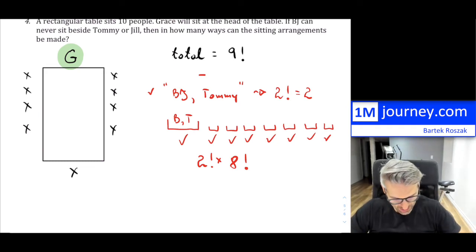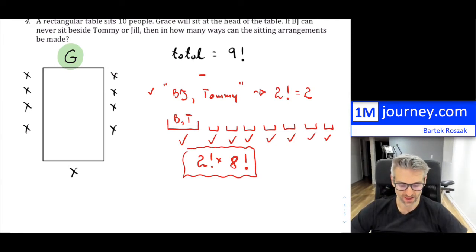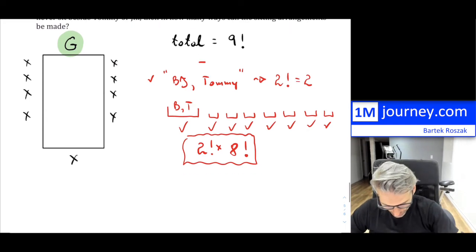So that is the total when BJ and Tommy are together. Now, I don't want them together, so I'm going to be subtracting it. And now the other one says that BJ can never sit beside Jill either. So notice this is "or", Tommy or Jill. So that's going to be the same thing, and I will do the same thing, subtracting.